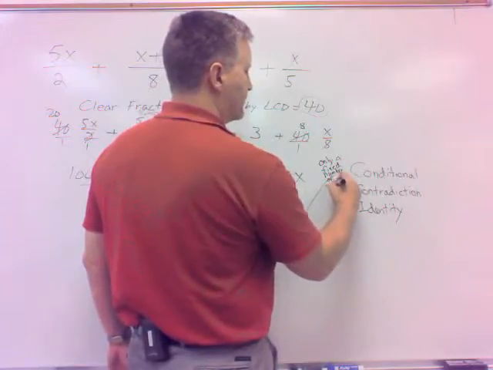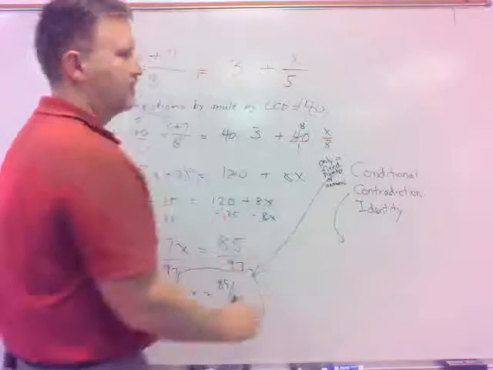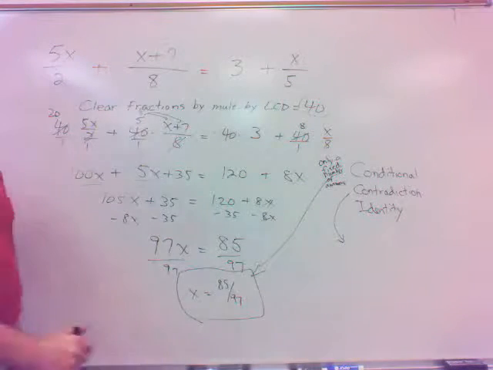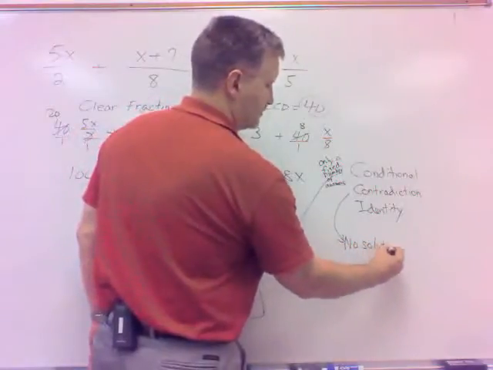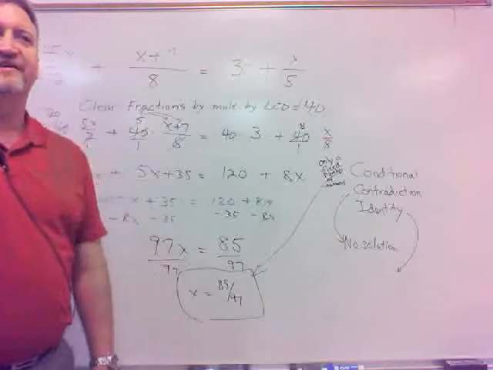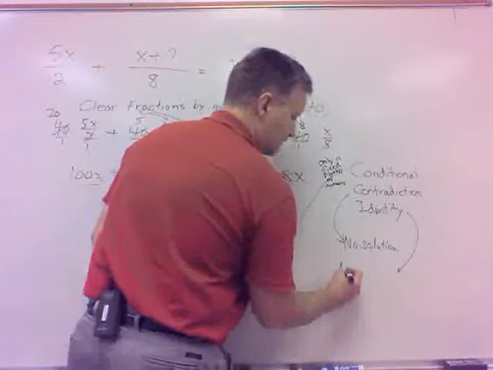Now, a contradiction is one of those equations that has no solution, right? And then the identity, what about it? It's one that has infinitely many solutions. All real numbers are solutions.